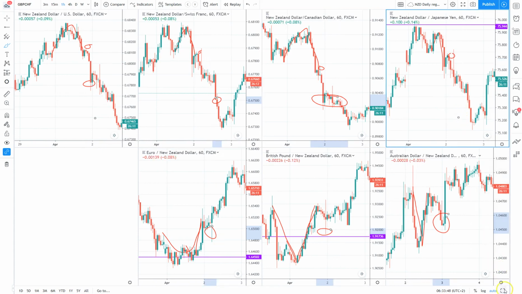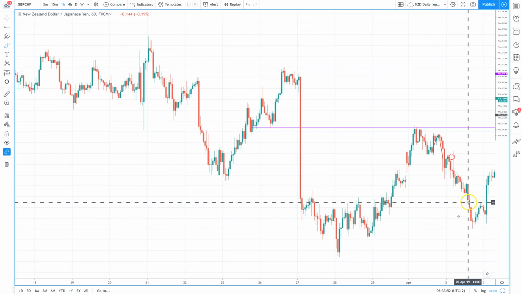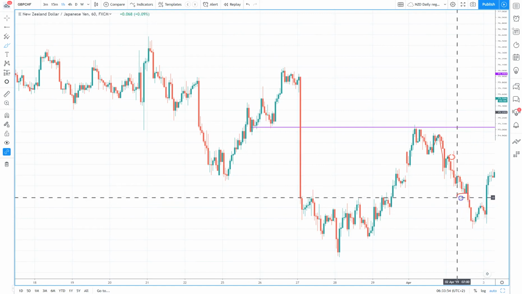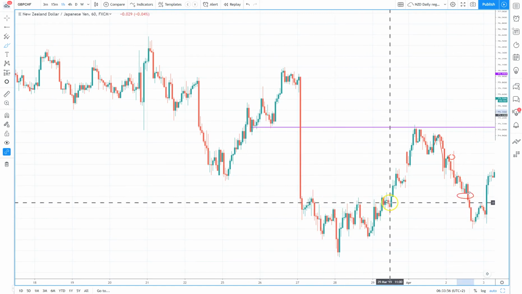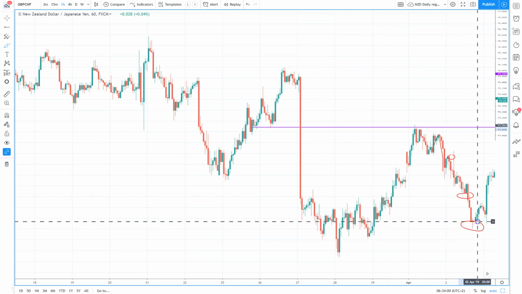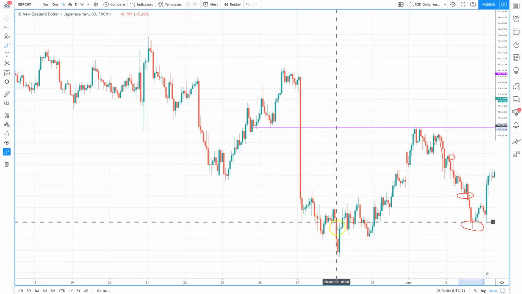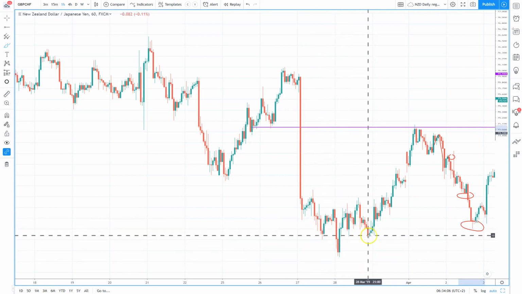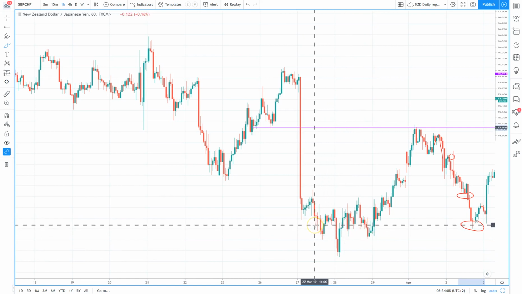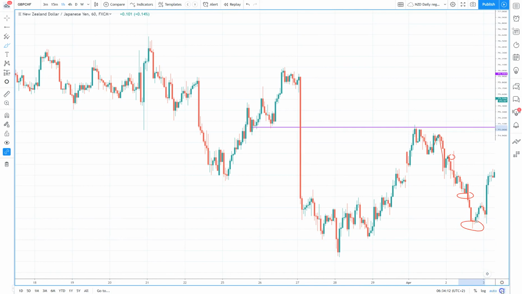New Zealand yen. Well, 2 areas. I would say around here because support, and also around here because it seems like the bottom of this little range. This is just a faker, faker, faker, faker. So around here somewhere. So that it turned around from here does make a lot of sense, right?